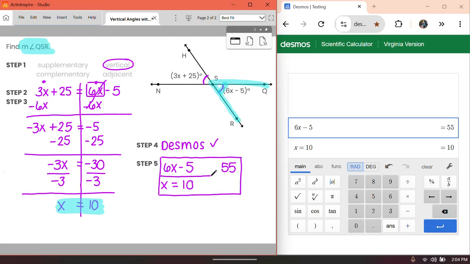Okay, I can even make it look like a little mini Desmos. There's my two lines. That's what I got in Desmos. So the measure of angle QSR, which is what the question is really asking for, is not 10, it's 55 degrees. That's why that last step is so, so, so important.